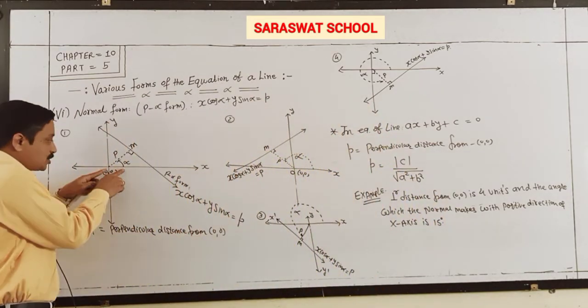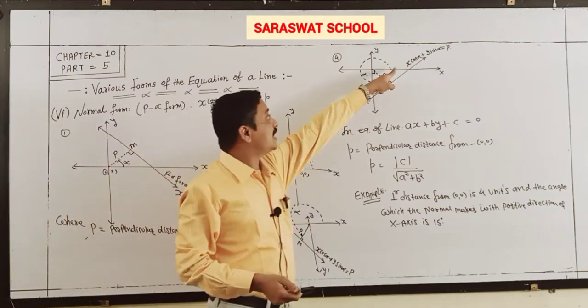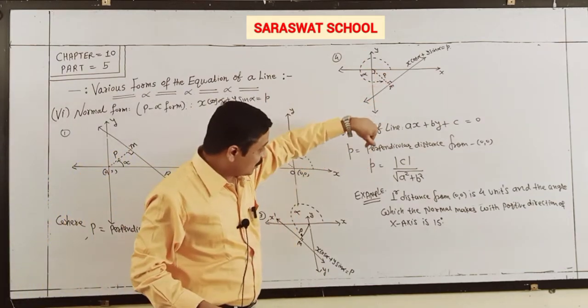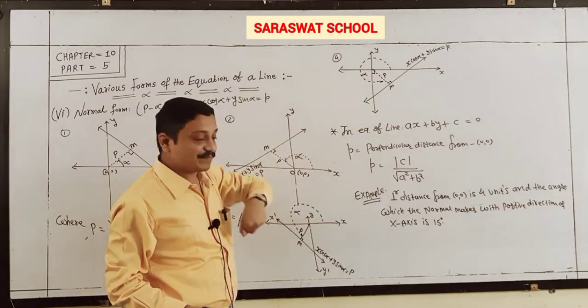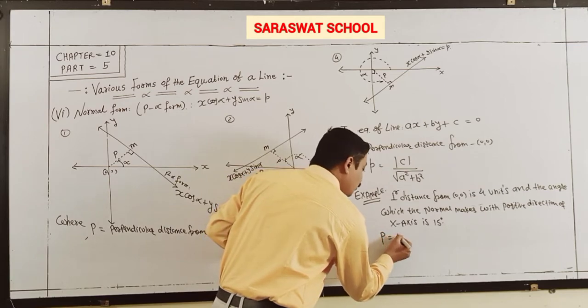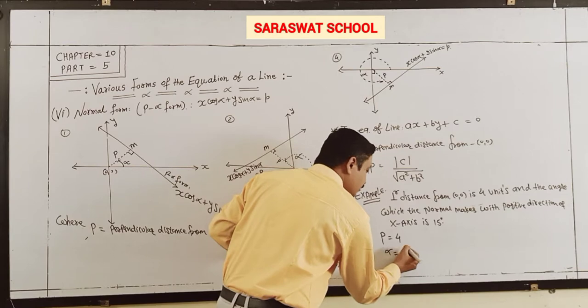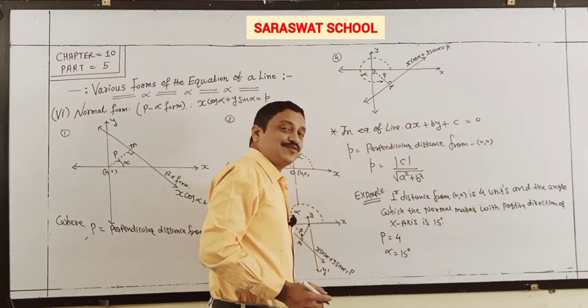That's your positive direction of the x-axis angle. Alpha is given, P is given. Here P is 4 and alpha is 15 degrees with the positive direction of the x-axis.